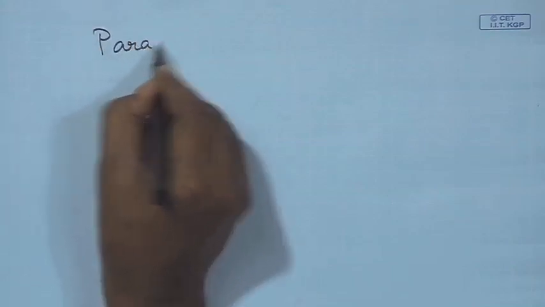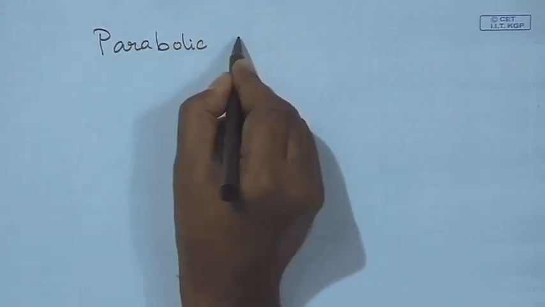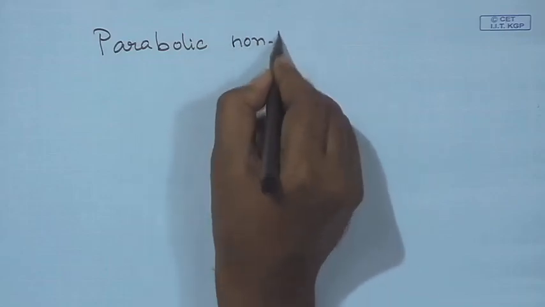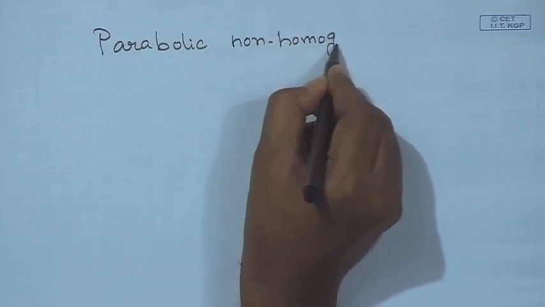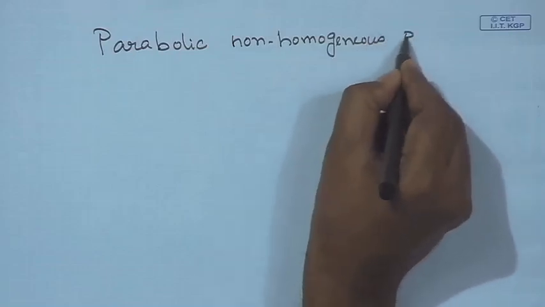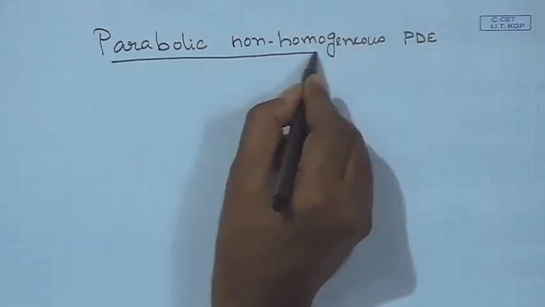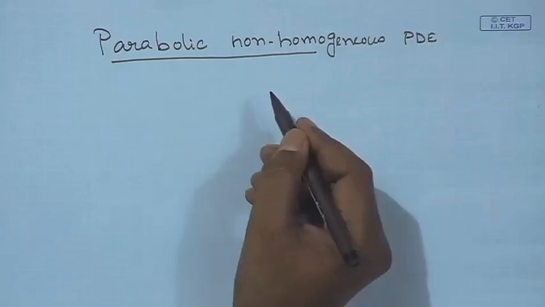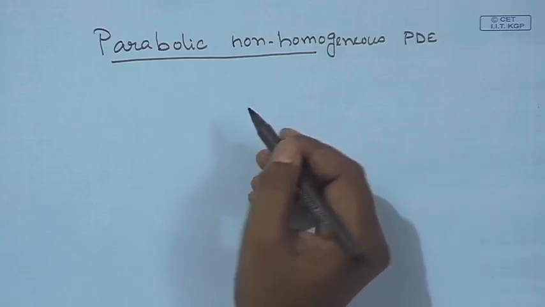So, the first example I will be talking about is a parabolic partial differential equation which is non-homogeneous in nature, and these equations are quite common in chemical engineering applications because they represent a transient state. We will formulate this problem, go through the theory, develop it and try to solve this problem completely.